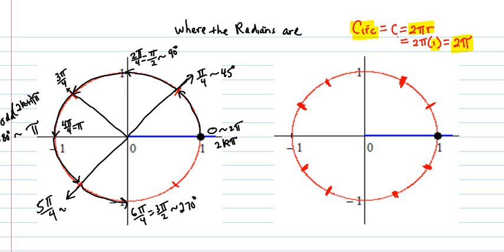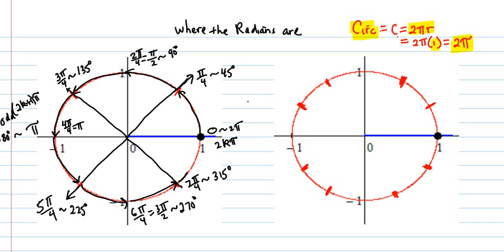And the 5 pi over 4 was coterminal to 45, so that's 225 degrees. The 3 pi over 4 was coterminal to 135 degrees. Then coming another pi over 4 up to here, that's going to be 7 pi over 4, coterminal to 315 degrees.